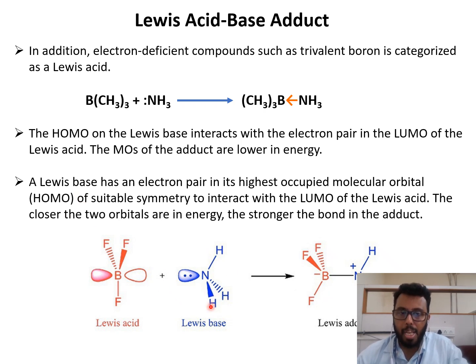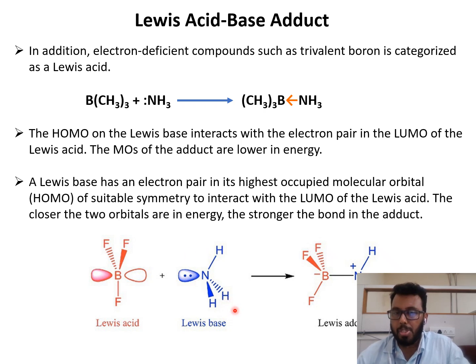This happens mainly when the HOMO on the Lewis base, that is ammonia, interacts with the electron pair in the LUMO of the Lewis acid, that is BF3 or B(CH3)3. The MOs of the adduct are always lower in energy. Also, a Lewis base has an electron pair in its highest occupied molecular orbital. For instance, in NH3, the ammonia case, the electron pair will be present in the HOMO.